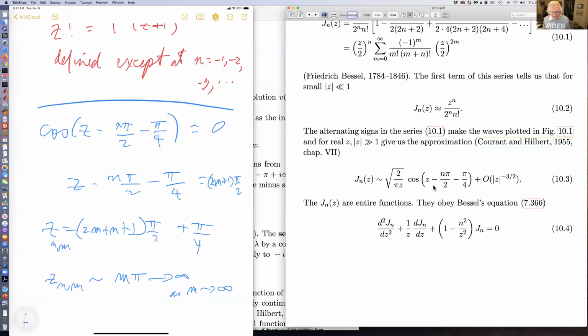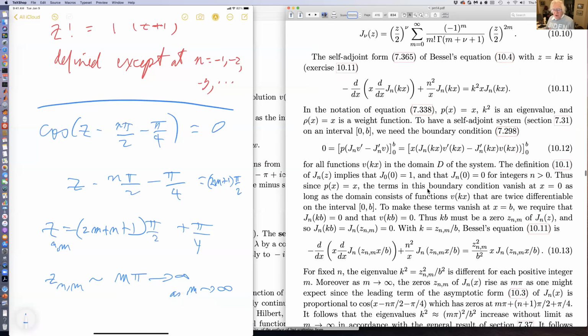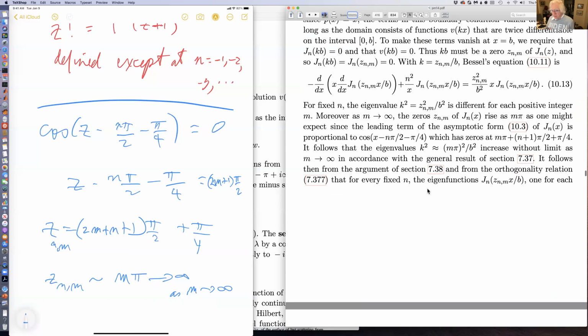So this is the completeness relation, that the eigenvalues are going to infinity. And so these Bessel functions are complete. So that's this.